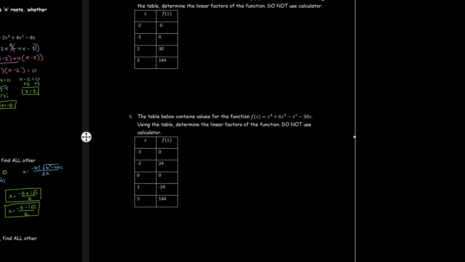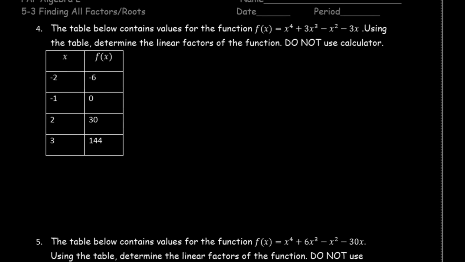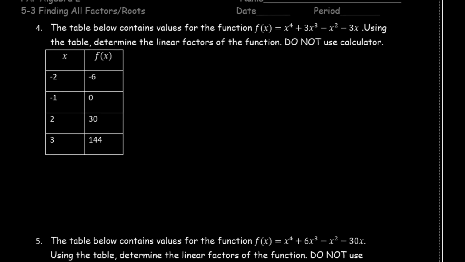So on the back, even though it doesn't look like it, 4 and 5 are the exact same type of problem in a different format. It says the table below contains values for the function f of x equals x to the 4th plus 3x to the 3rd minus x squared minus 3x. Using the table, determine the linear factors of the function.